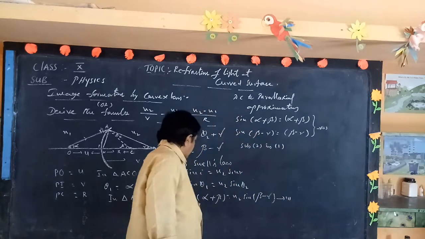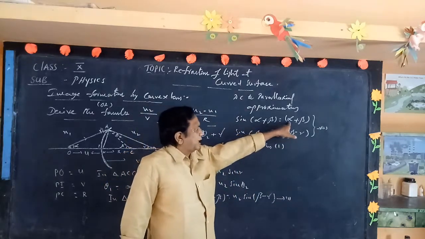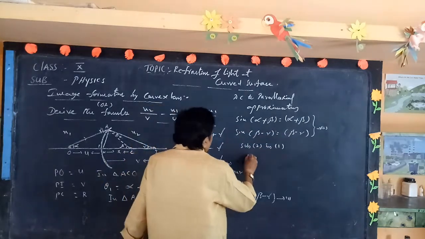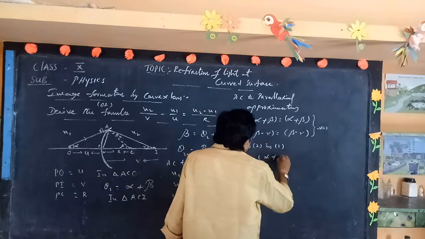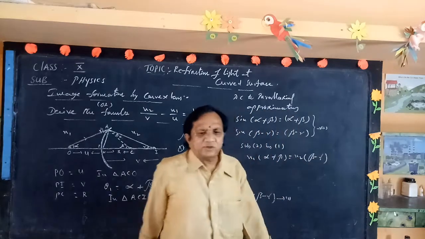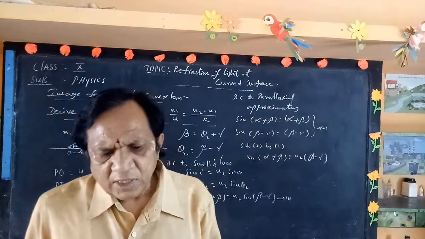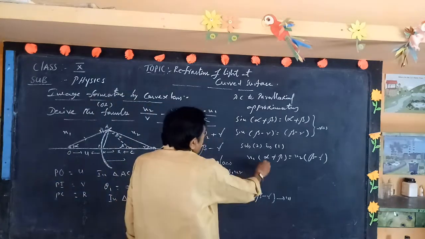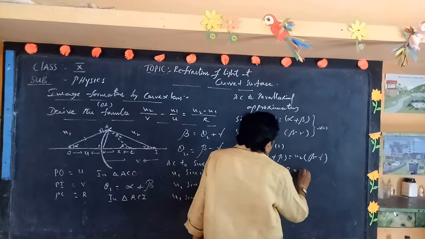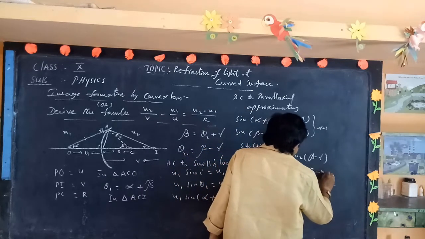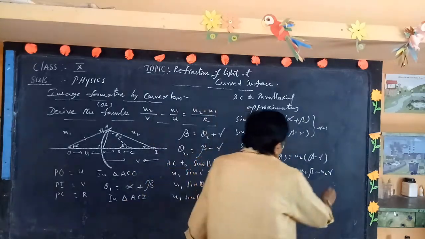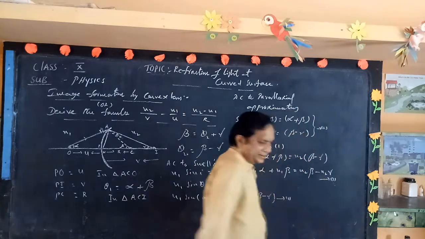Instead of sin of alpha plus beta, we write only alpha plus beta, and instead of sin of beta minus gamma, only beta minus gamma. So what do you get? N1 times alpha plus beta is equal to N2 times beta minus gamma. Now open the bracket: N1 alpha plus N1 beta is equal to N2 beta minus N2 gamma. Let this be equation number 3.